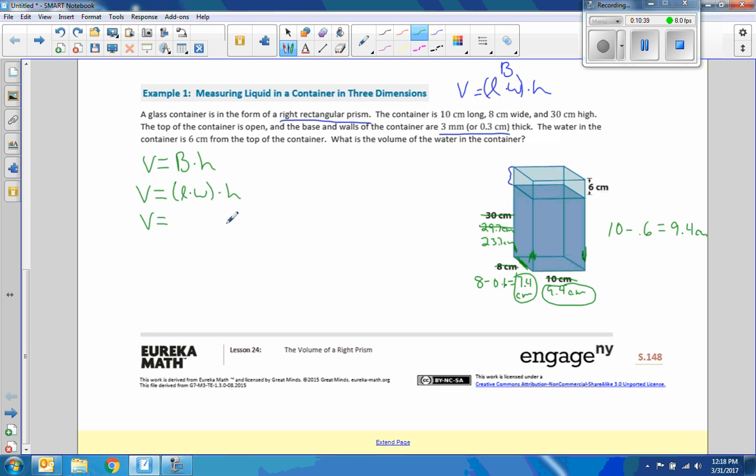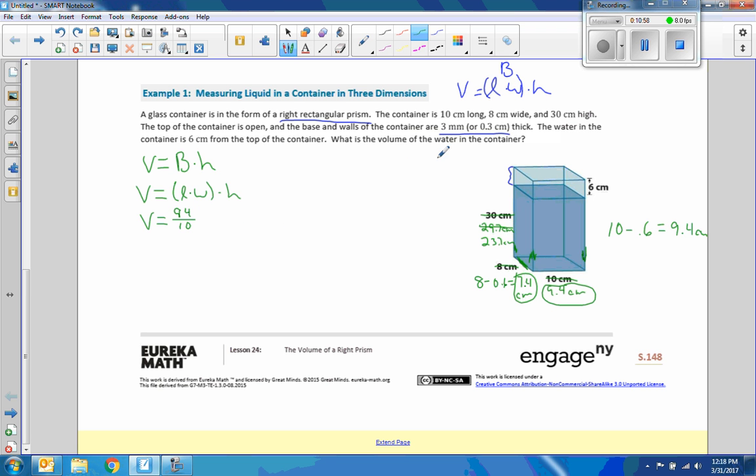So now I'm going to substitute in my length, which is 9.4, but I don't want to use decimals, so I'm going to multiply that by 10. So 9.4 is 94 tenths, because a tenth is 0.1.